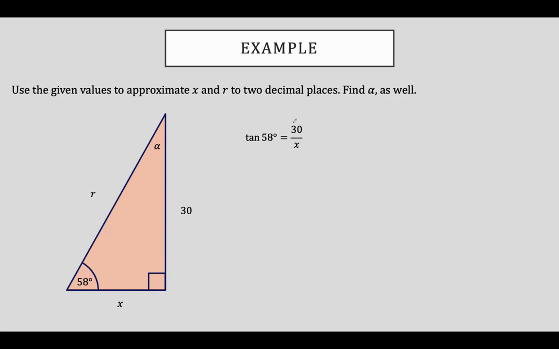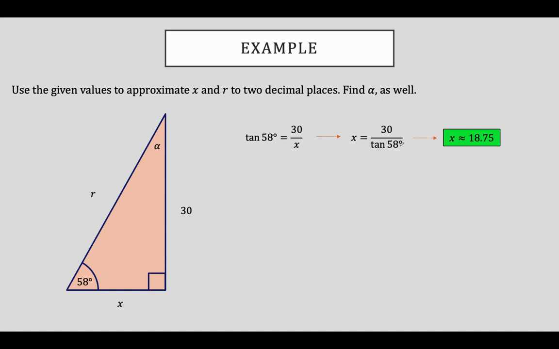We can now use this to solve for x. Notice x is here in the denominator. I would have to multiply both sides by x and then divide both sides by tangent of 58 degrees, giving me x is equal to 30 divided by the tangent of 58. And plugging this quantity into the calculator, we get x is approximately 18.75.